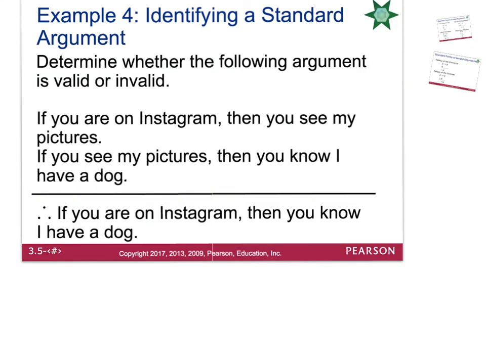So, for example, let's look at a situation. We will put it in symbolic form first, and then we will look at our commonly valid and invalid forms and see if it fits any of those cases.